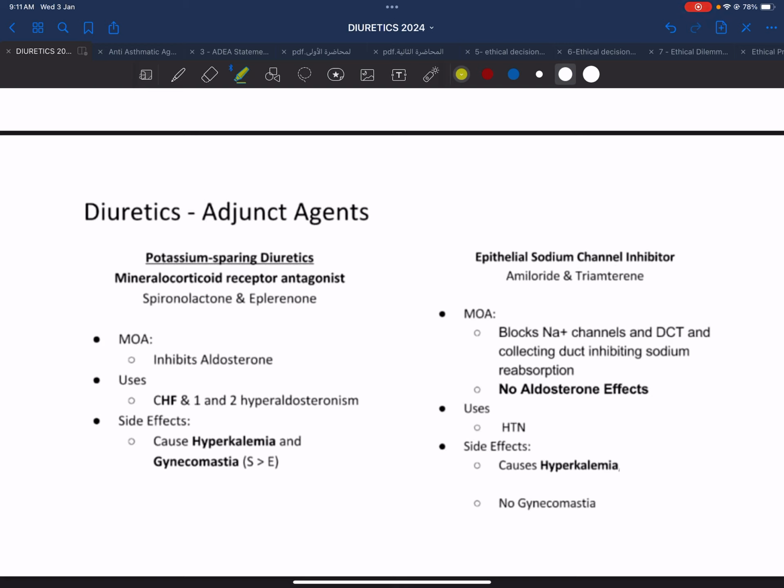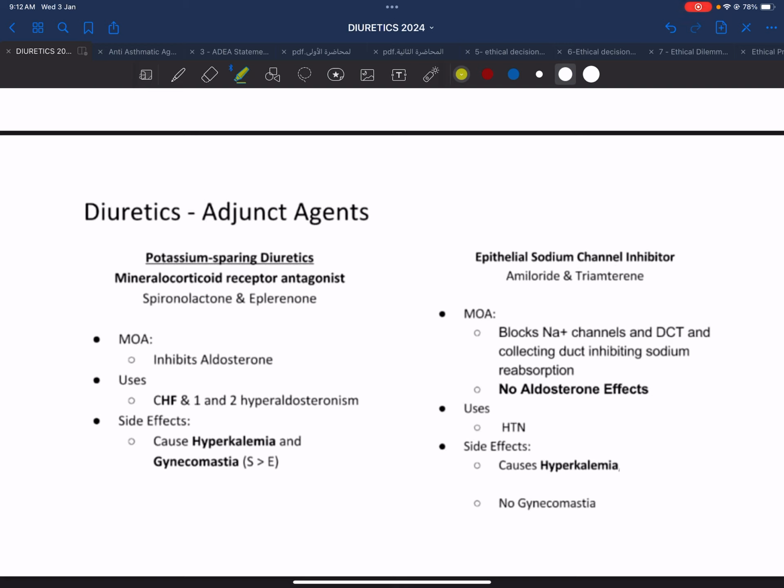But again, why is it not significant? Because we always use it in combination. We always use it with furosemide, and we always use it with thiazide. So there is balance. They take away potassium and this replenishes it.